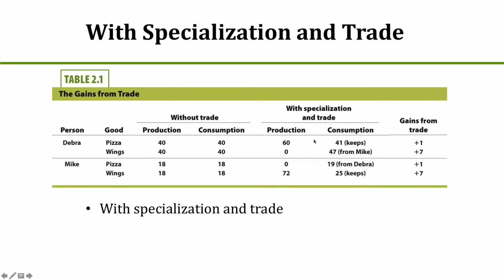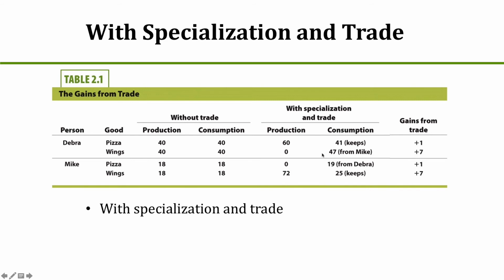So right now you will see some arbitrary numbers that I choose. I'm going to explain why I choose those numbers, but for now, just assume that these numbers are correct. So I will say Deborah is producing 60 pizza and keeping 41 of it and giving the rest to Mike.